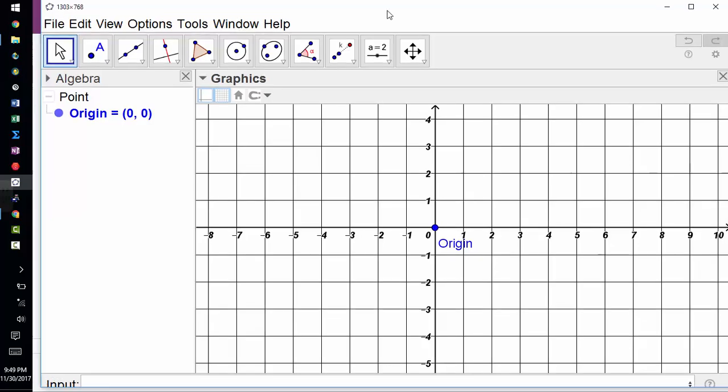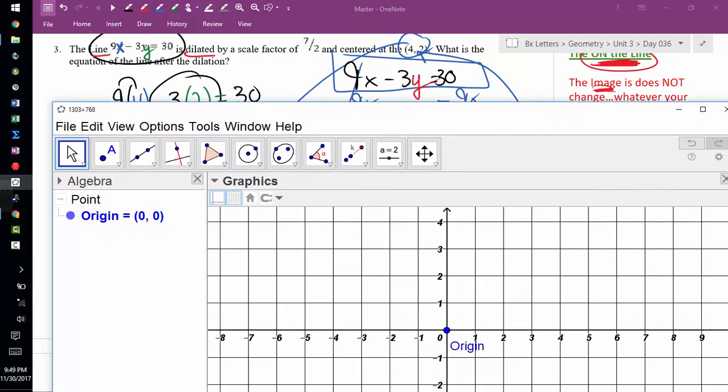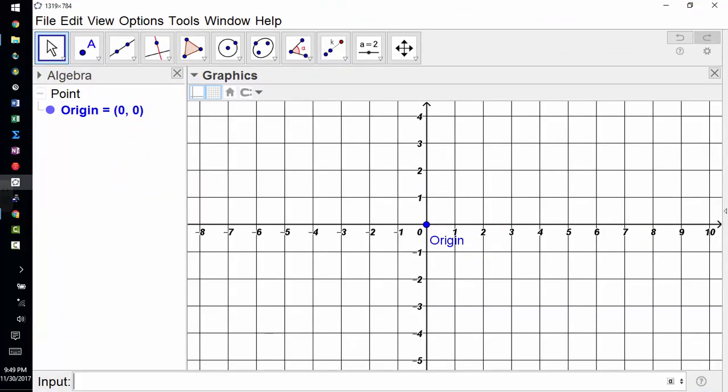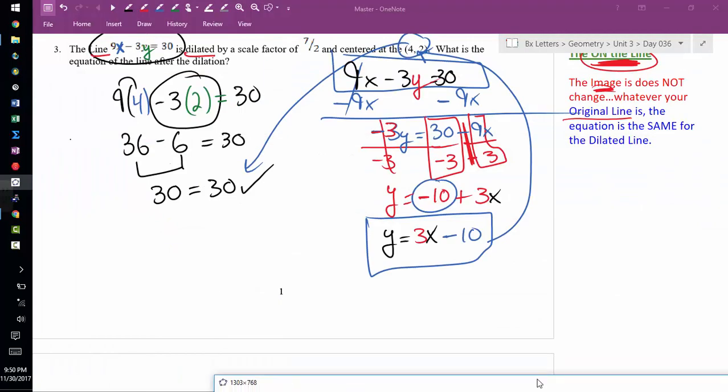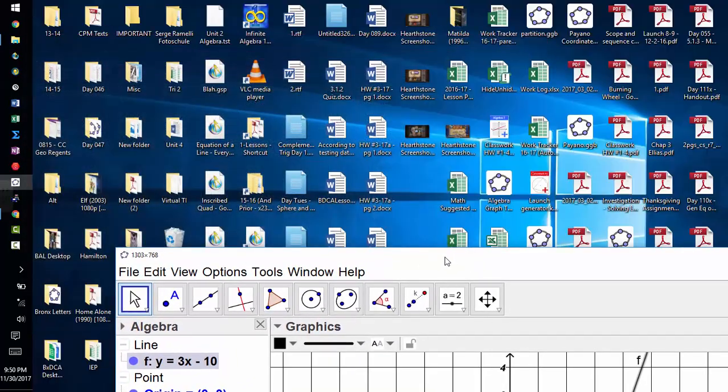I think I have a good visual for it. So we're going to just type in the line they give us, 9x minus 3y equals 30. Boom. There's our line. I'll put it in y equals 3x minus 10. Yep, that's what we had there.